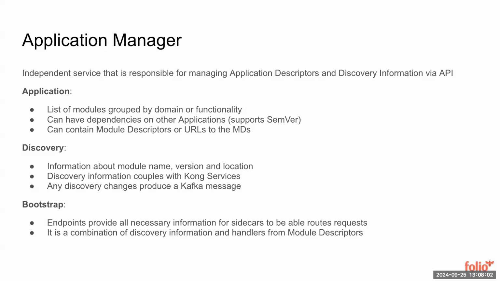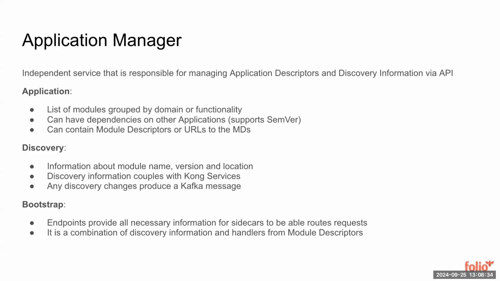So you can update discovery information, and this update will produce a Kafka event that notifies all sidecars that information about discovery and module location will change, and it should be processed at runtime without redeployment, any changes, and so on. Also, as I mentioned, it should work automatically without manual managing of Conch and so on.